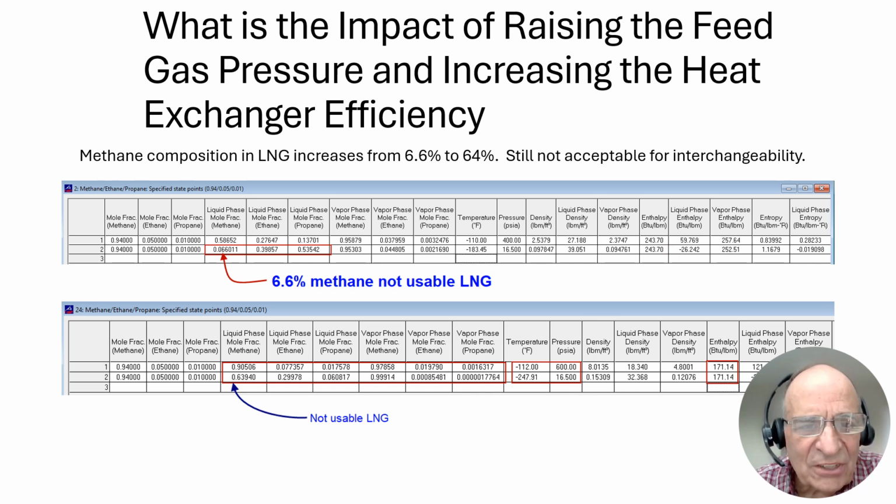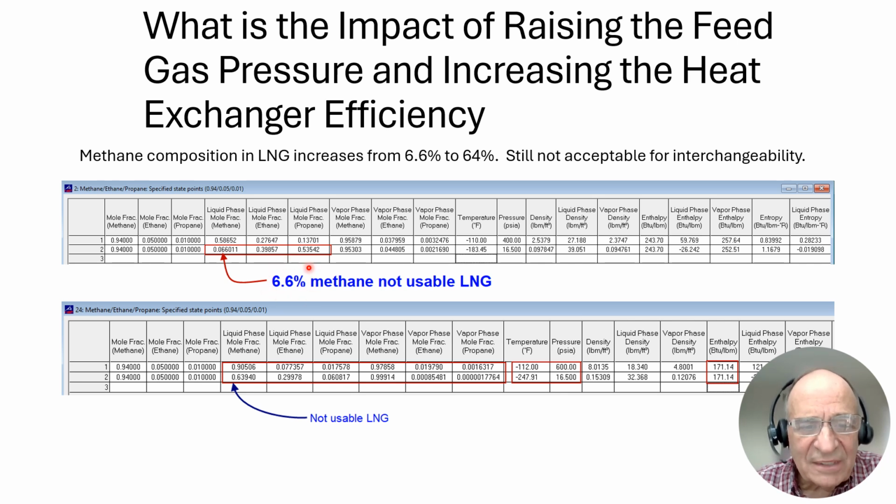What is the composition of the LNG that comes out at this 16.5 psi absolute? Take a look here. It's 6.6% methane, almost 39% ethane, and almost 54% propane. So it's certainly not usable LNG.